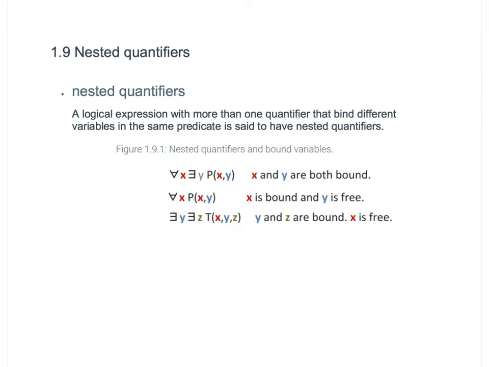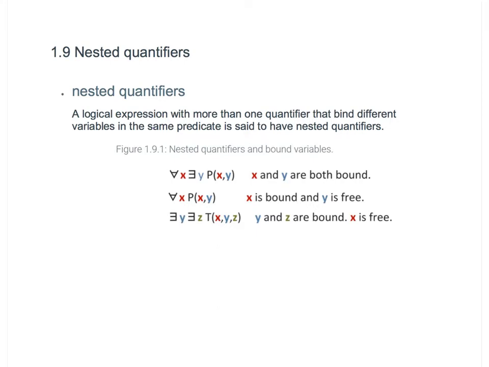Remember, the order of quantifiers is very important and it matters and it can affect the truth value of the whole statement. The second example is for every x, p of x and y, right? So in this case, x is bound, but y is a free variable because there's no quantifier that can bind y.